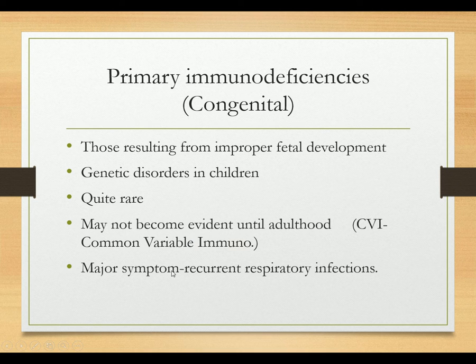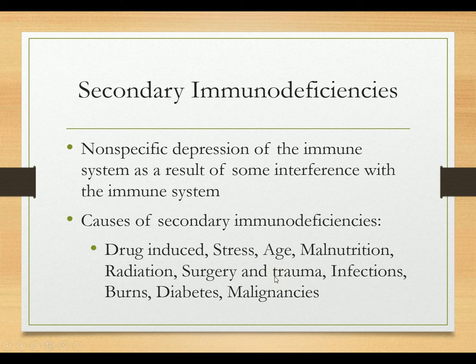Now, the major symptom with all of these is recurrent respiratory infections. Your major symptom with the primary congenital immunodeficiency is recurrent respiratory infections. Just a clue. All right. Prognosis is generally poor with these people with primary because most of them develop overwhelming fatal infections that they do succumb to.